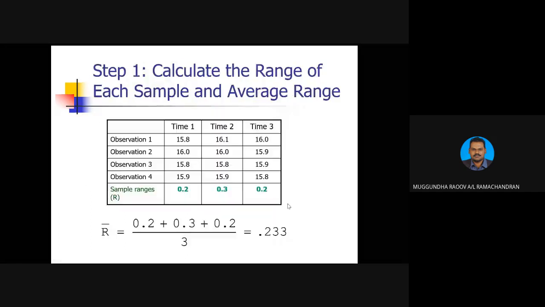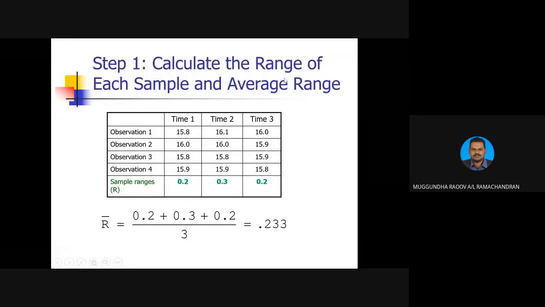Here, calculate the range of each sample and the average range. For example, in the same question, we are calculating the sample range, that means highest value 16 minus lowest value, which is 0.2. So we just find the range between highest and lowest for each sample, and find the mean of the range.